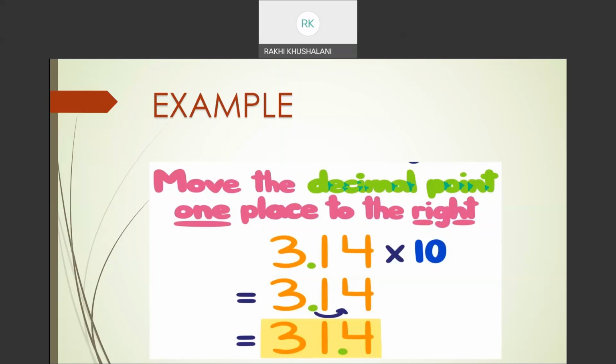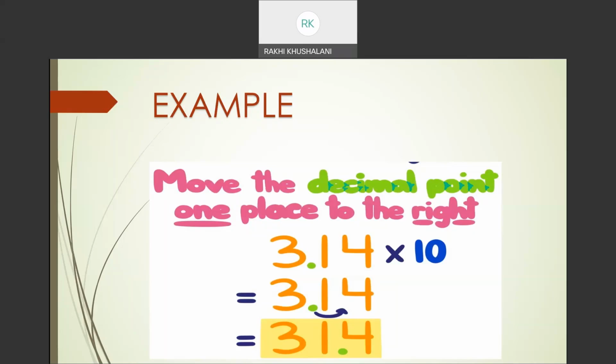3.14 will actually become 31.4. You have to remember, when I multiply two numbers, the factors are always smaller than the product. I get a bigger number after multiplication.